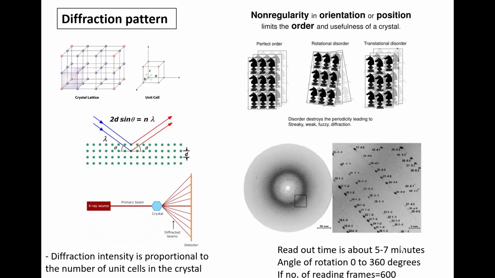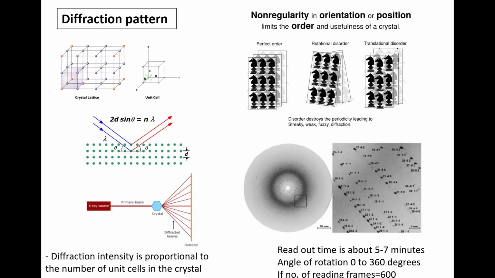So there will always be a delay time or readout time of 5 to 7 minutes. After 5 to 7 minutes, you again rotate the crystal by an angle. What we do is rotate the crystal by 0.5 degree, and you take the data in each frame by keeping that angle for 5 to 7 minutes.